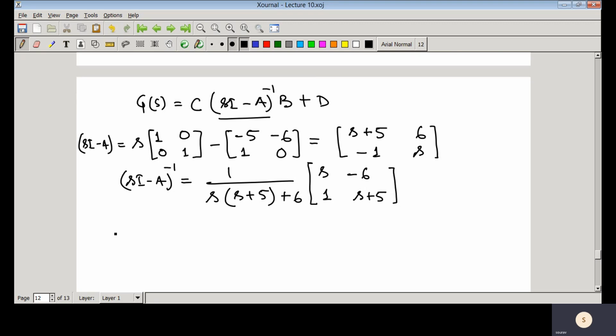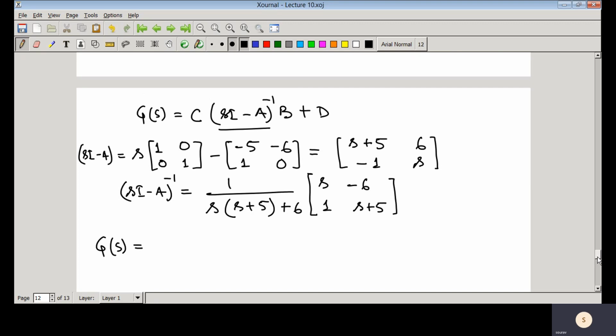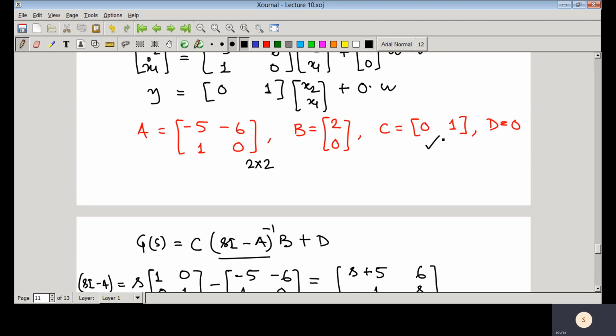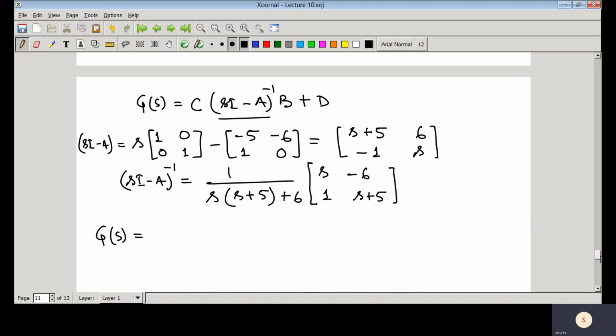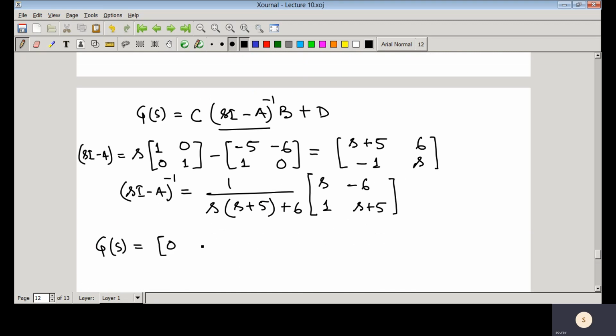So now let us see what is G(s). G(s) equal to C into (sI minus A) inverse B plus D. So what is your C? C is that matrix, 0, 1. Now (sI minus A) inverse, we get it.